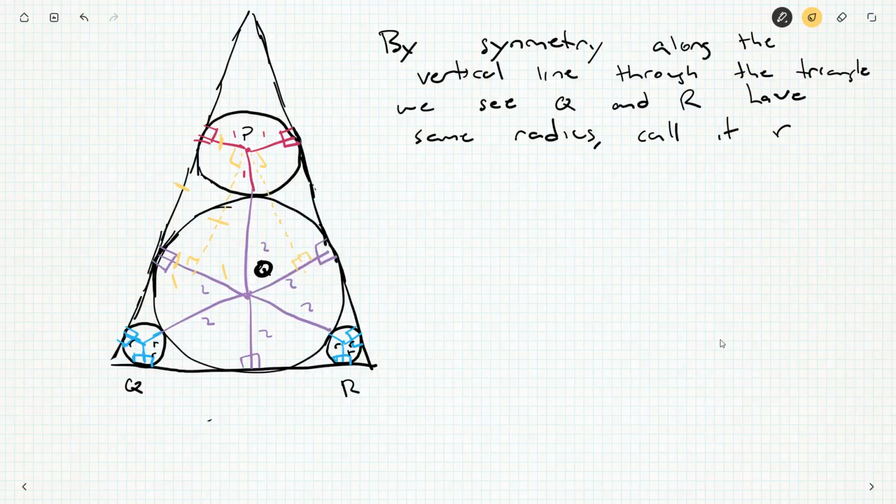I don't know if this is going to help me, because it's kind of far away from Q down here, but there's no reason we can't do the same thing down here. But I guess it won't match up to the same place exactly. So there'll be a copy of R here.